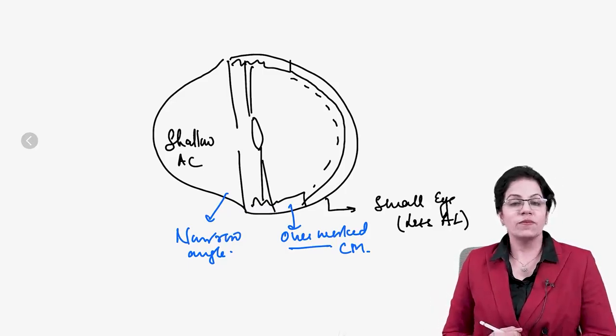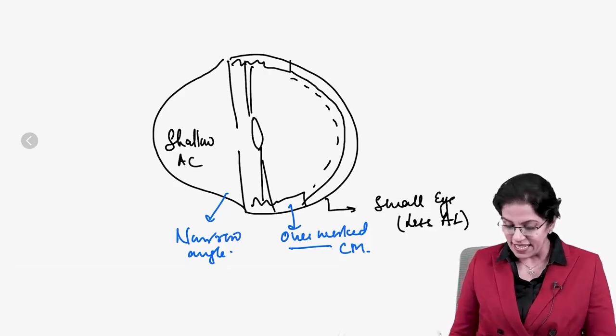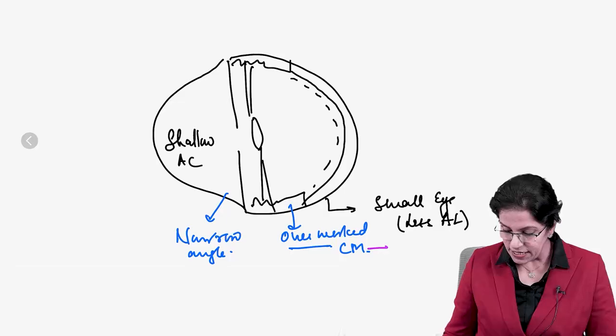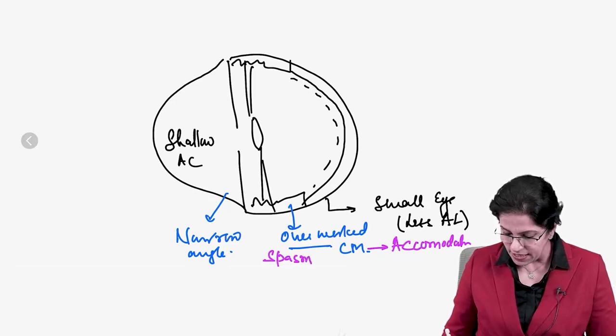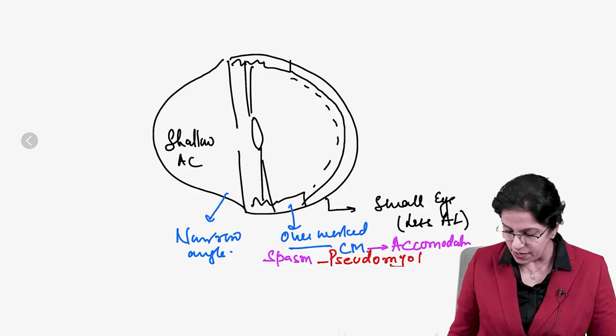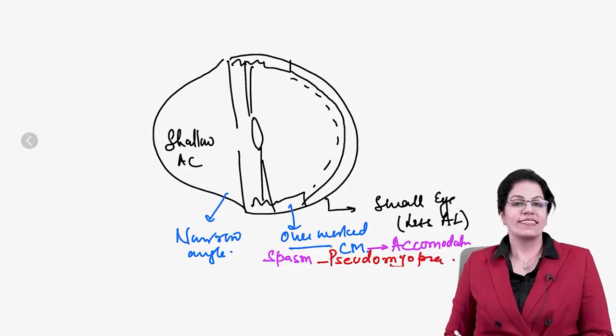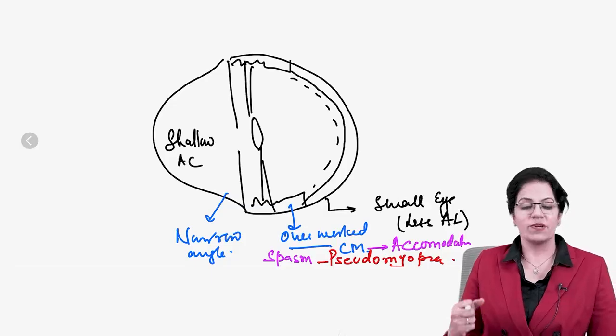Right. So sometimes an overworked ciliary muscle can lead to accommodation spasm. And when there is accommodation spasm, this is what we call pseudomyopia. Due to accommodation spasm, suddenly the power is getting more, and this is pseudomyopia.